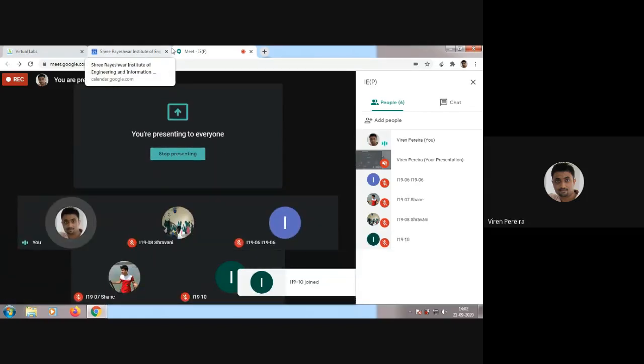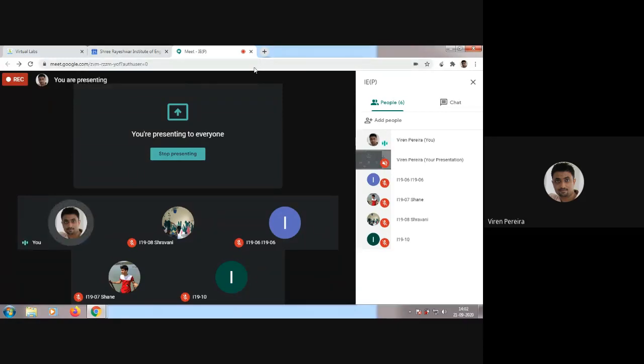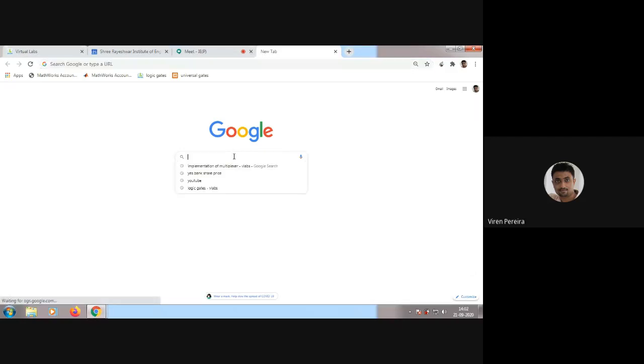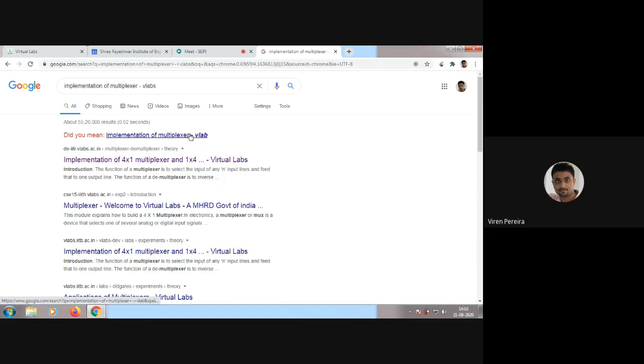So our experiment is as of now implementation of multiplexer and demultiplexer. You all can see my screen? Yes, sir. As I told you, what you got to do is type implementation of multiplexer and demultiplexer VLABs and click on Google search and you will get it straight away.